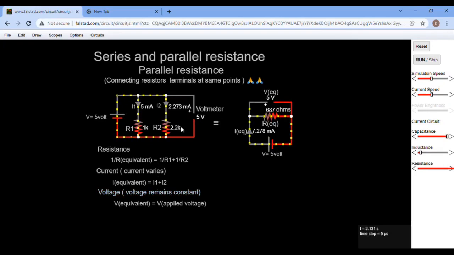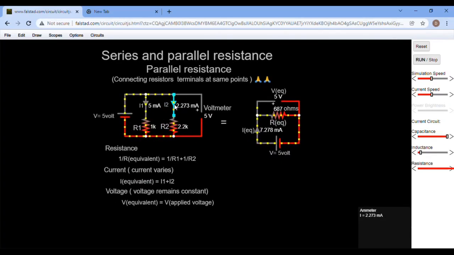So as you can see here, the voltage which we applied is 5 volts. Now across the first resistor, the value of current is 5 milliamps. Across the second resistor, the value of current is 2.27 milliamps. So what should be the equivalent current? That is I1 plus I2. You get the equivalent current.